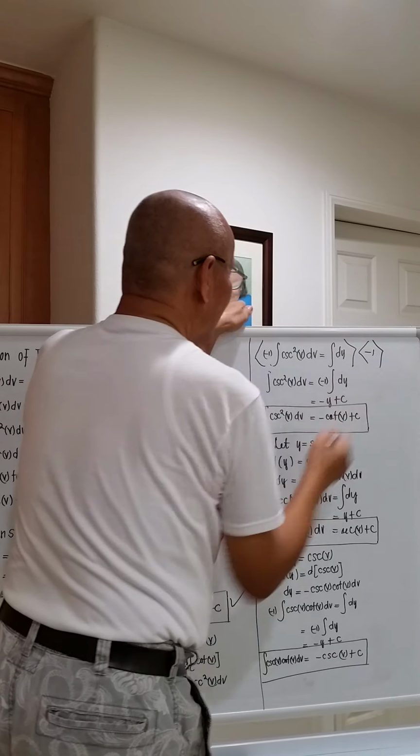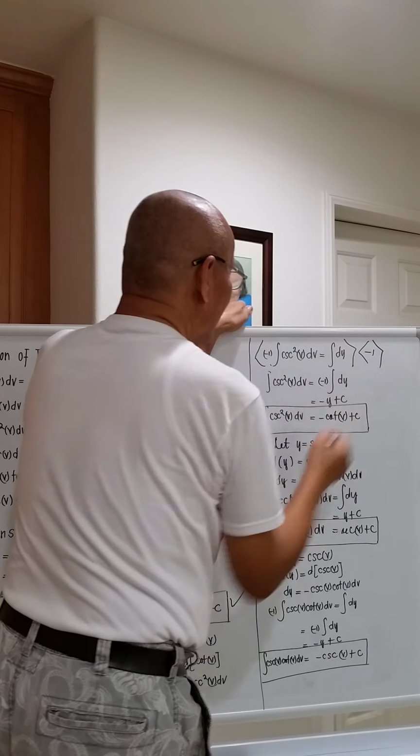Negative, negative, the left hand side now will be plus. Negative 1 times the integral of dy is negative, open quantity, negative 1, close quantity, the integral of dy. This will cancel out. Negative 1 times y is minus y plus c. But what is y? Y is cotangent of b.